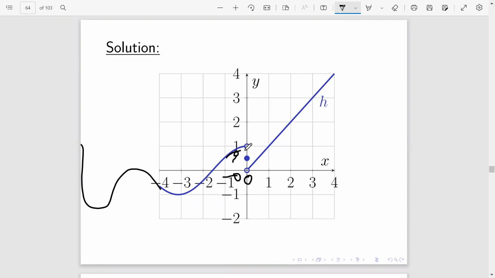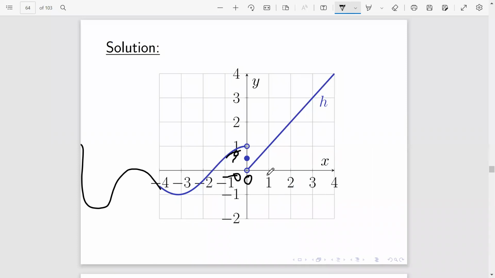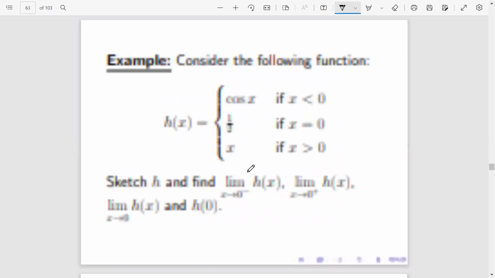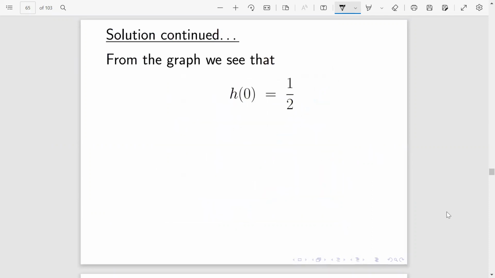I hope that makes sense. So this limit is equal to 1. And if you look at x approaching 0 from the right, meaning values greater than 0 that we reduce toward 0, the y values are decreasing, approaching 0. So the limit from the right is equal to 0. I hope that makes sense.